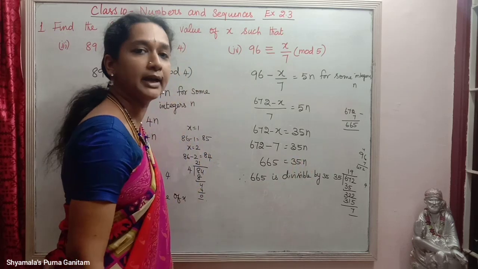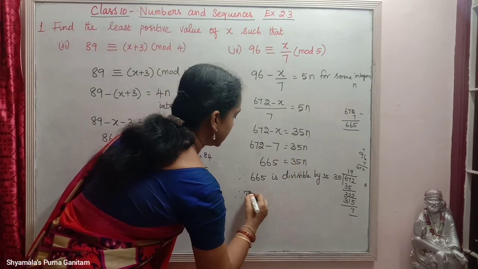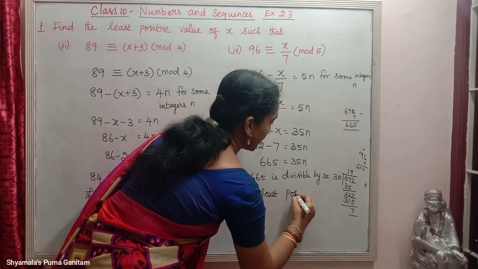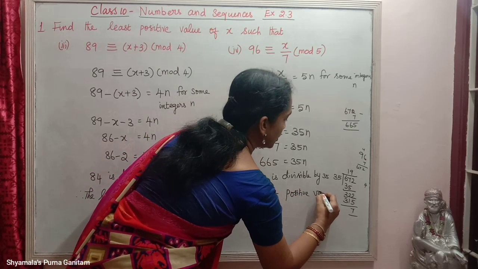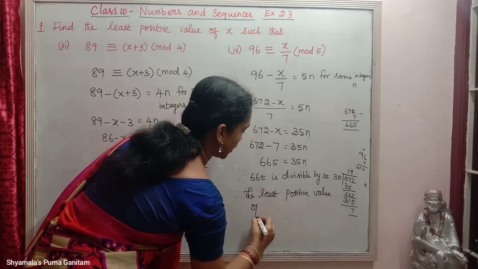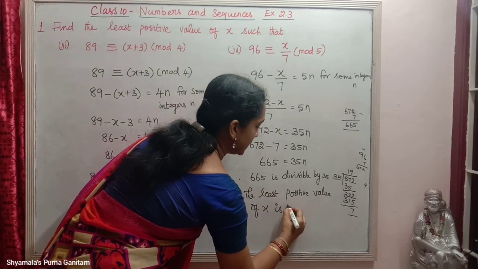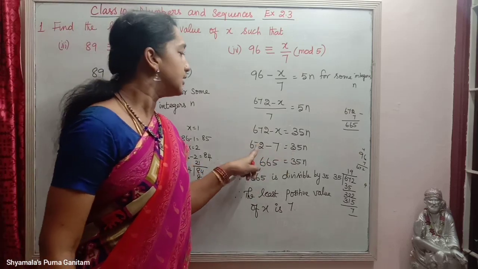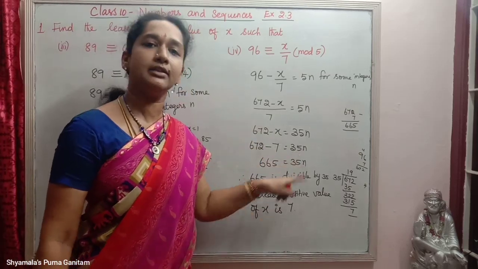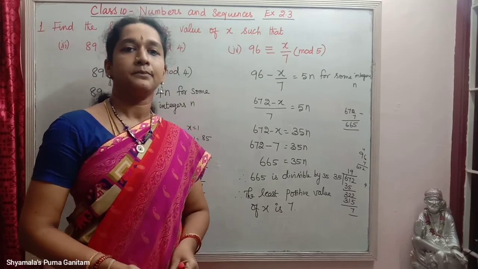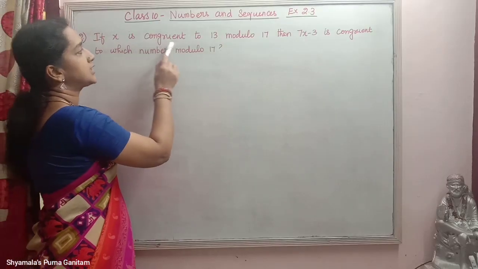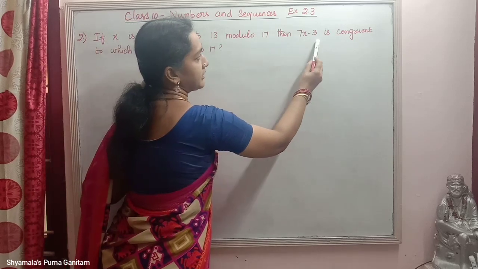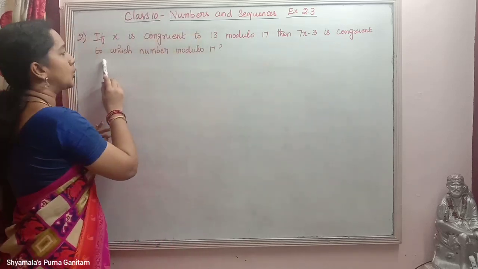Therefore the least positive value of x is 7. So if I substitute 7 here, then the given expression is divisible by 35.